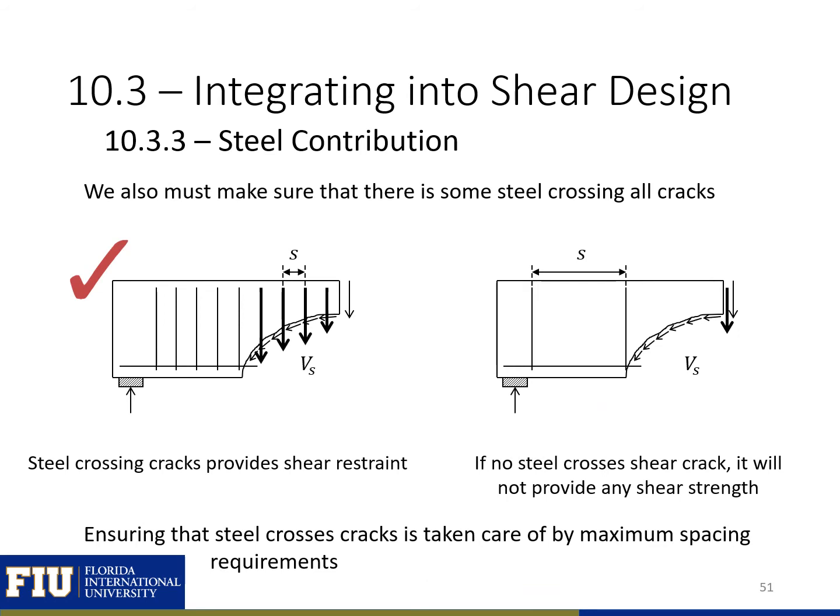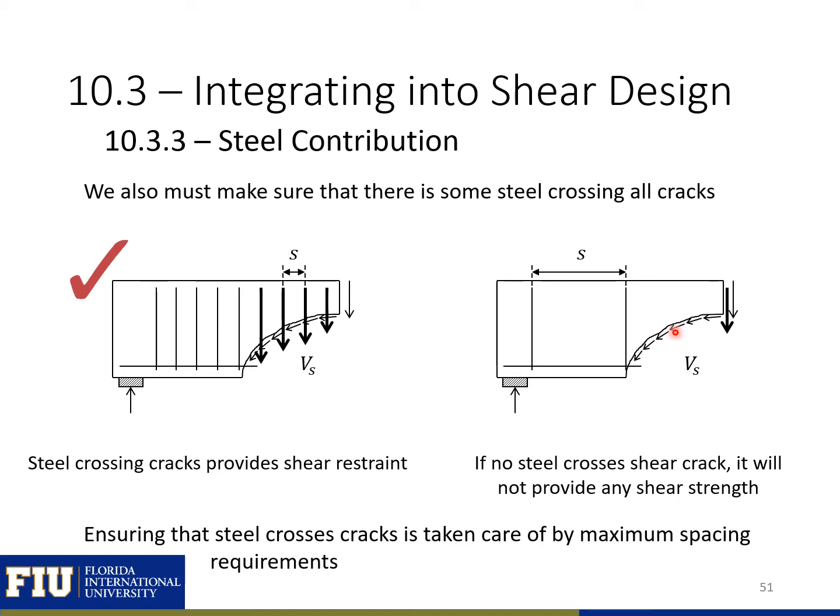We also need to make sure that there's some steel crossing the crack. Our shear reinforcement is only going to be effective if it's crossing the shear crack. So here on the left, we have some shear reinforcement crossing our shear crack, so our steel is going to provide some shear restraint. On the right, if our spacing's wide enough, we can get a shear crack in between our stirrups.